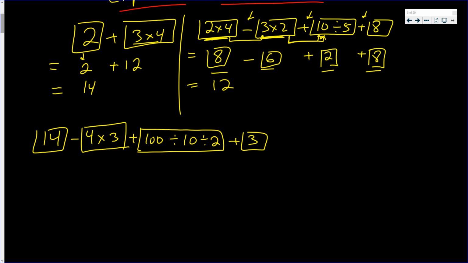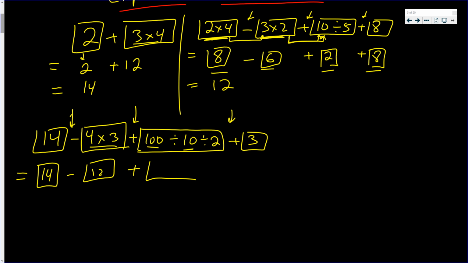That's all I don't do. I don't box in subtraction and addition symbols. The first term, 14, minus 4 times 3, that's 12, plus 100 divided by 10 is 10. Divide that 10 by 2, you get 5, plus 3.